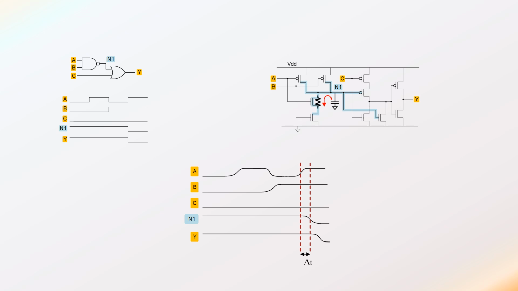So looking back up at the circuit on the left there, the NAND gate, I could say that based on this timing diagram picture, the delay through the NAND gate is delta T. What I mean by that is if I change A or B, and as a result the output N1 has to change state, there's going to be time delta T transpiring before the input change is reflected in the output.